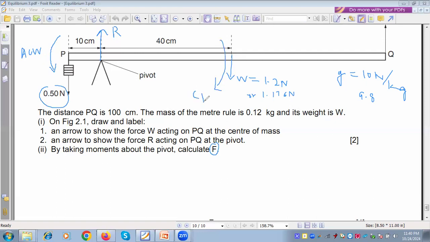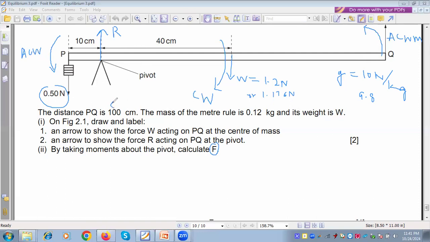This is clockwise. What about F? F is rotating it in this direction. It means it is helping the 0.5 Newton force, that is the same moment, anti-clockwise. So two anti-clockwise moments and one clockwise moment. What is the distance of W from the pivot? That is 0.4 meter or 40 centimeter. This is 10 centimeter. And what is the distance of F?